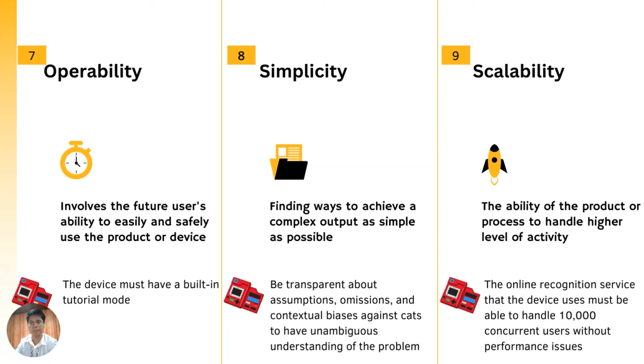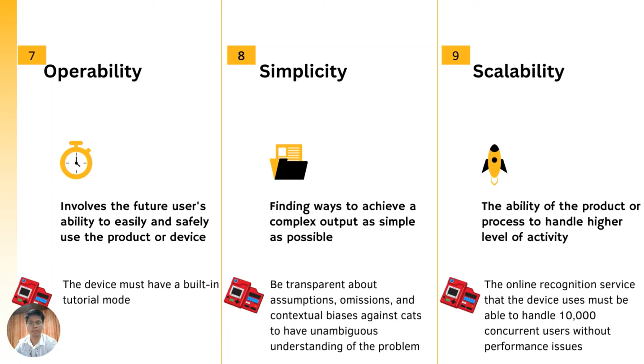The next set is operability, simplicity, and scalability. Operability involves the future user's ability to easily and safely use their product or device. Every specific device has a learning curve, and this requirement makes it easier and safer for the user to use it. Simplicity is an overarching concept.